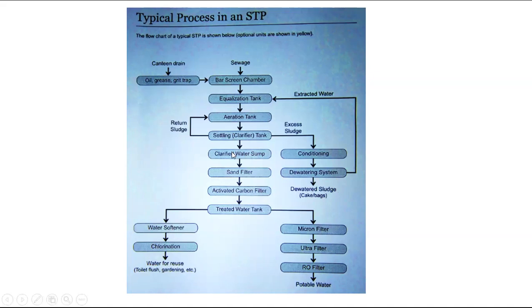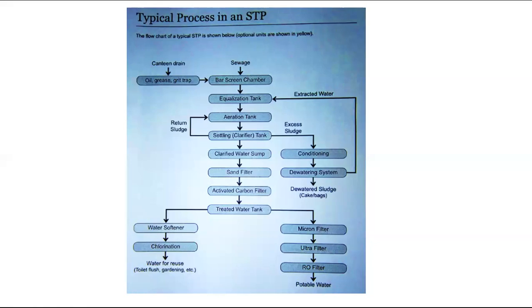After the settled water goes into the clarified water sump, we will supply it into the sand filter using the pump. Between the clarified water sump and the sand filter, we use the pump for feeding the water into the sand filter. For what purpose are we using the sand filter?